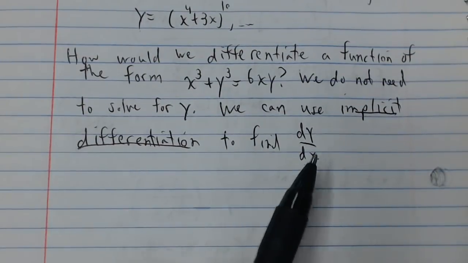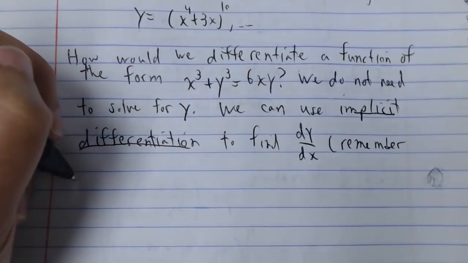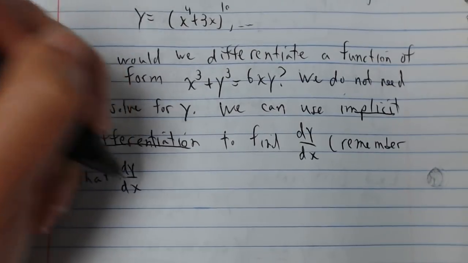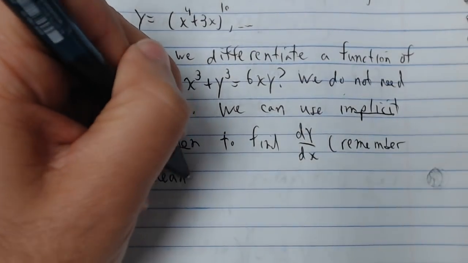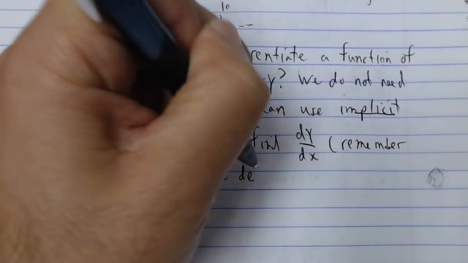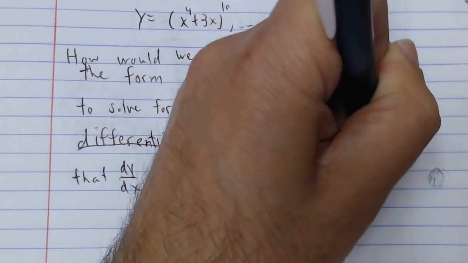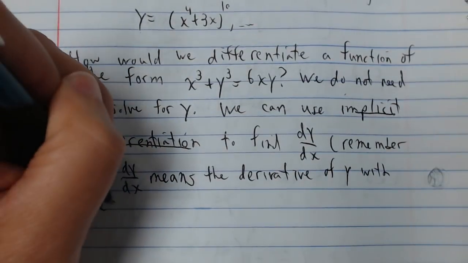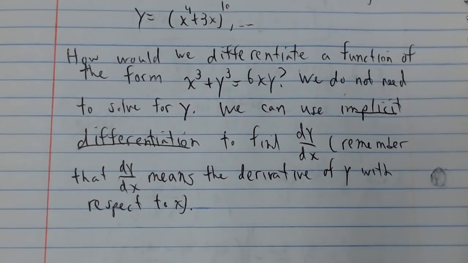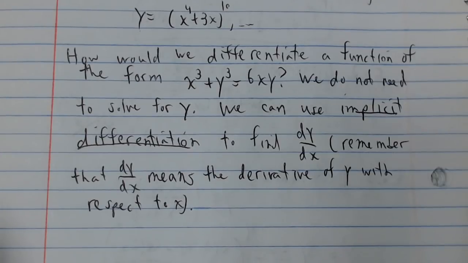Now remember, when you see dy dx, it means the derivative of y with respect to x. So in other words, what we're saying is y is my dependent variable, x is my independent variable.